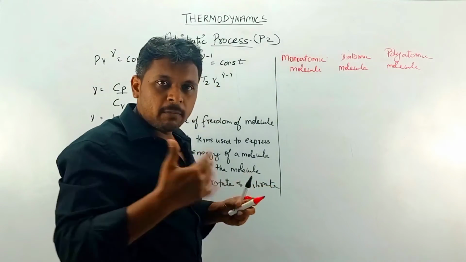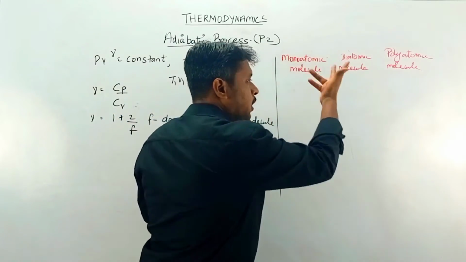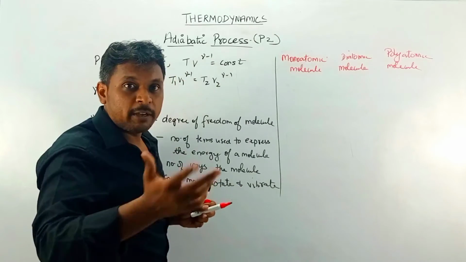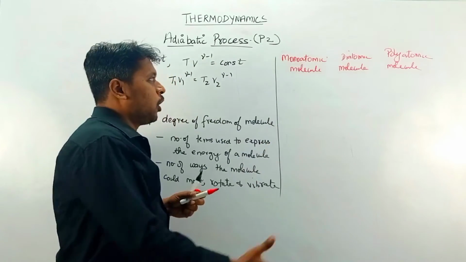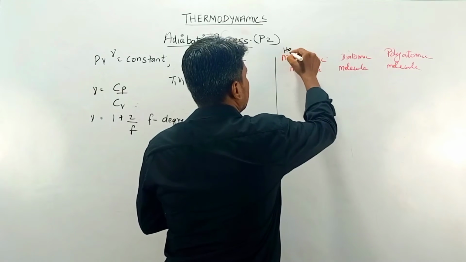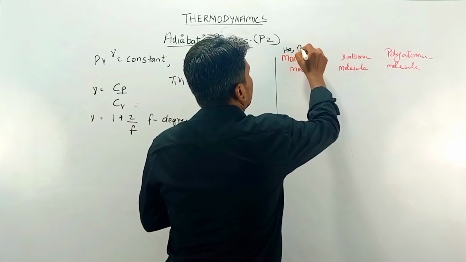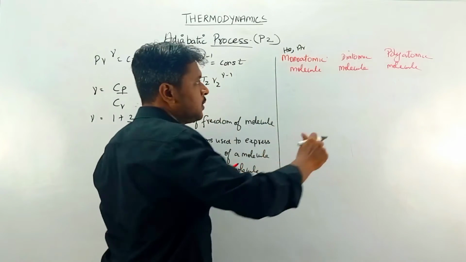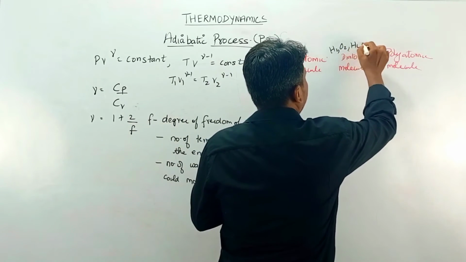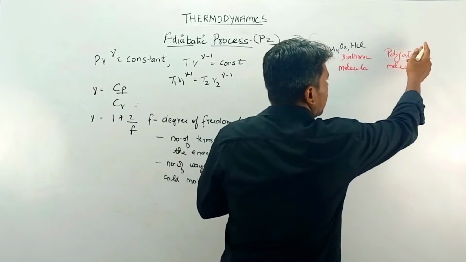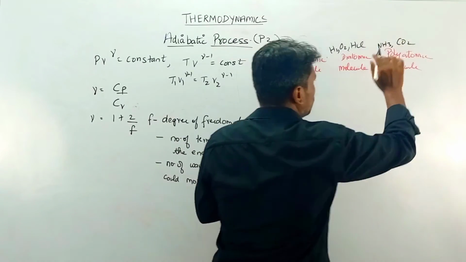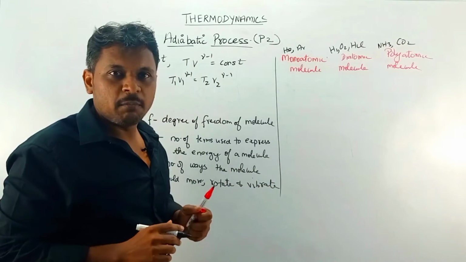Monoatomic: one atom for a molecule. Diatomic: two atoms for a molecule. Polyatomic: more than 3 atoms for a molecule. For example, monoatomic are helium, argon. For diatomic, we have H2, O2, HCl. In case of polyatomic molecules, we have NH3, CO2. These are some of the polyatomic molecules.